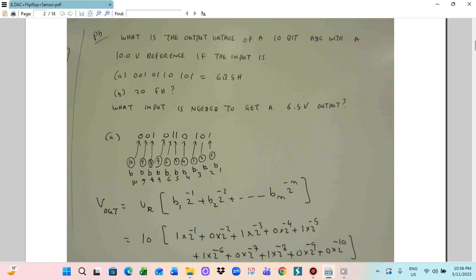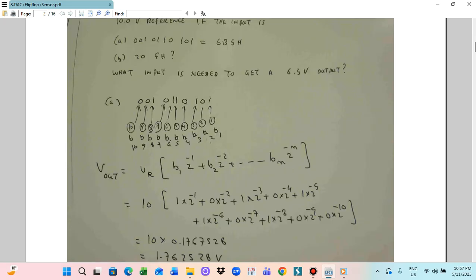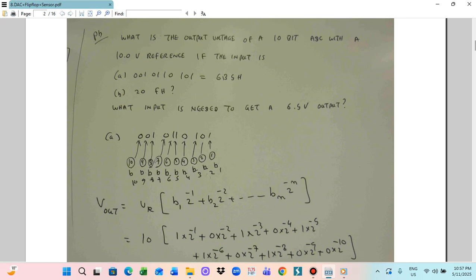So this is for the positions: position 1, 2, 3, 4, 5, 6, 7, 8, 9, 10. Position 1 will be B1, then B2, B3, B4, B5, B6, B7, B8, B9, and B10.